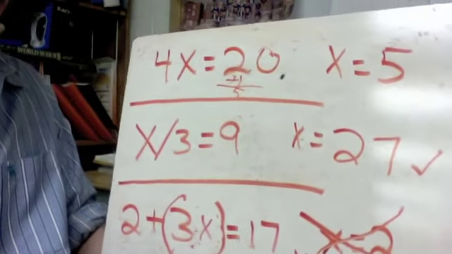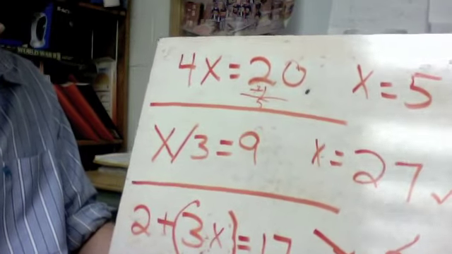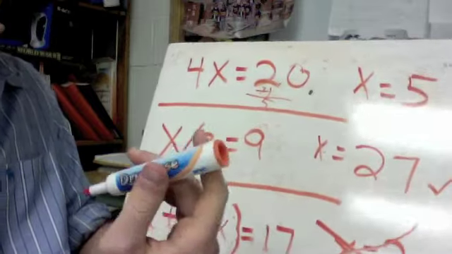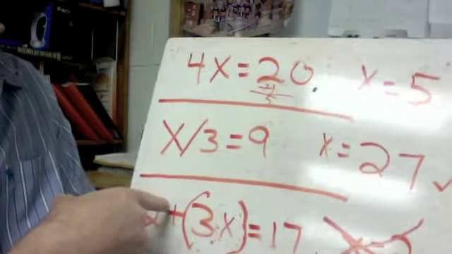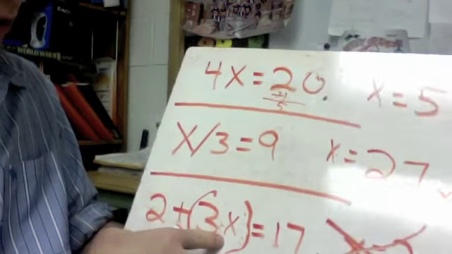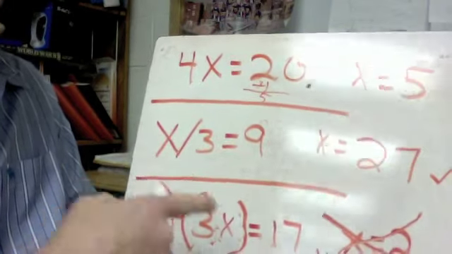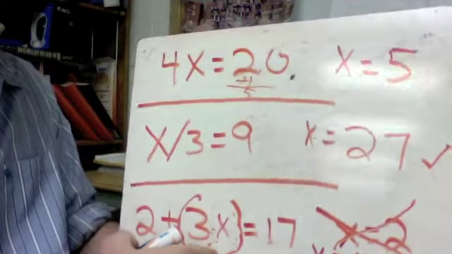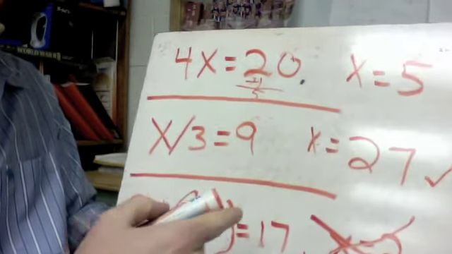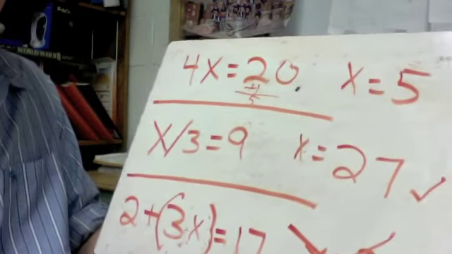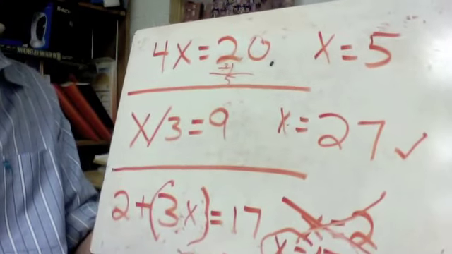I could also probably just look at it and see, well, what could I use? If I used 2 and it came out to be 8. If I use 3, that'd be 9, 10, 11. Nope. If I use 4, that'd be 12, 13, 14. Nope. I need 3 more, which means I need an extra 3. So if I do 5 times 3, that's 15, plus 2 more. That gets you 17. So x equals 5 is the actual answer here.